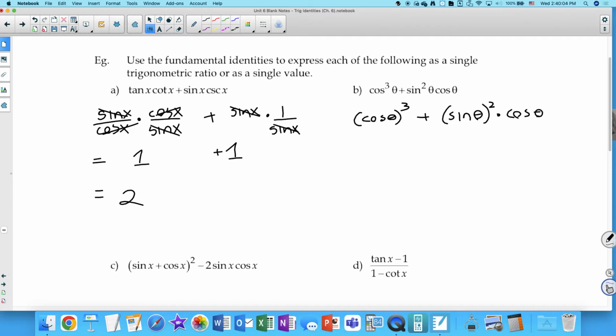You don't have to do that, by the way. I can pull that out, and I'm going to have 2 factors of cosine theta left here. So this will be cosine squared theta, and here I have sine squared theta.